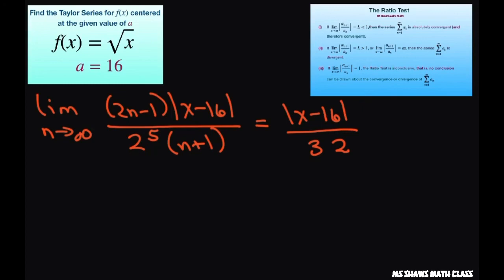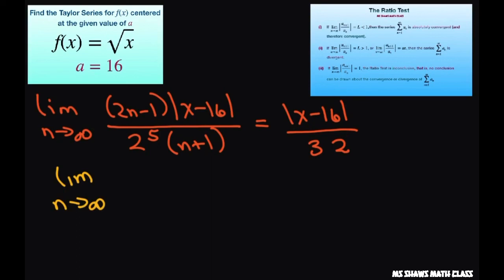All right. Now once you get that, this had n plus 1, so this is just going to cancel that out. And then you're going to get the limit as n approaches infinity.